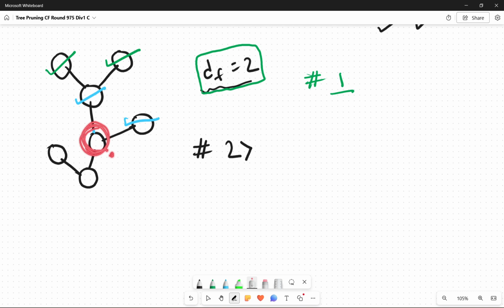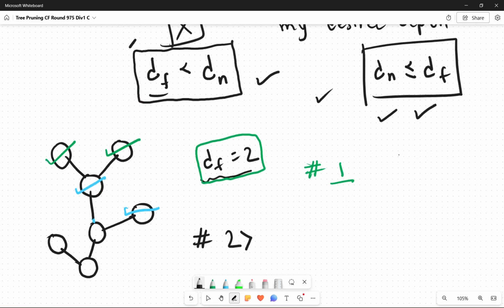Because the maximum depth of a leaf in its subtree, which is 3, is greater than final depth.